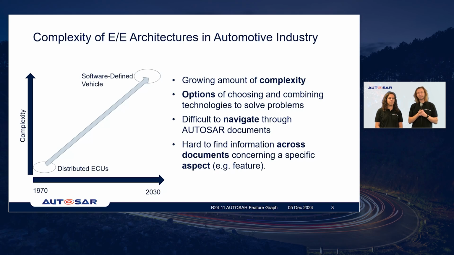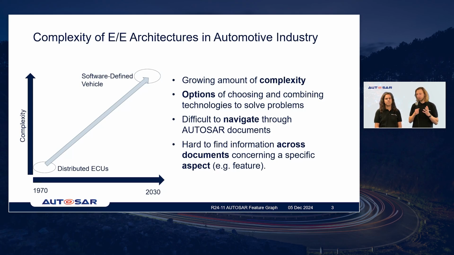Most probably you saw that already with other speakers. The complexity is increasing in the automotive industry. Everything started, let's say, with an indicator or smaller components, and now there is a really complex and complicated architecture of cars. So it's getting more and more complicated to have a good understanding of the whole architecture in cars, or in the automotive industry.